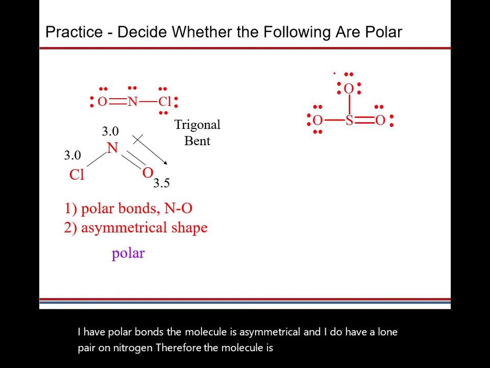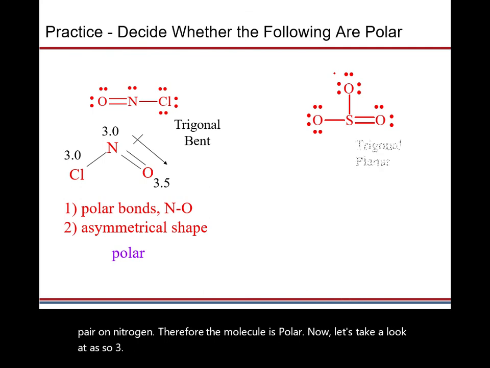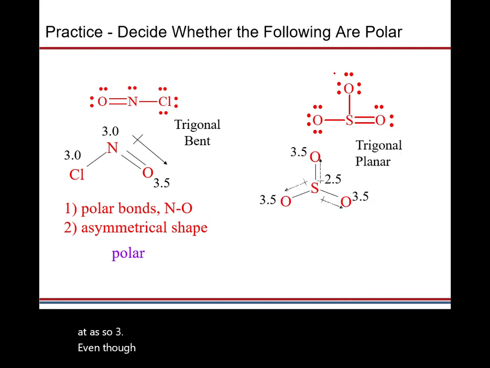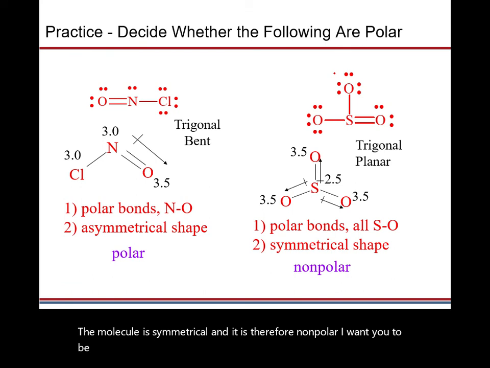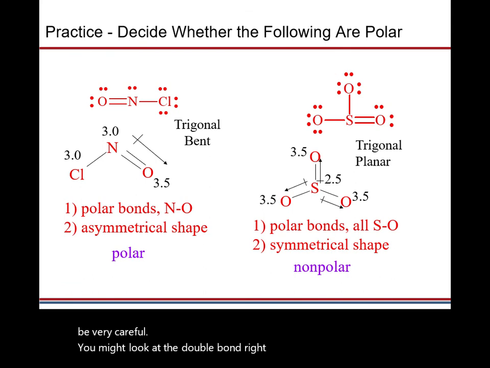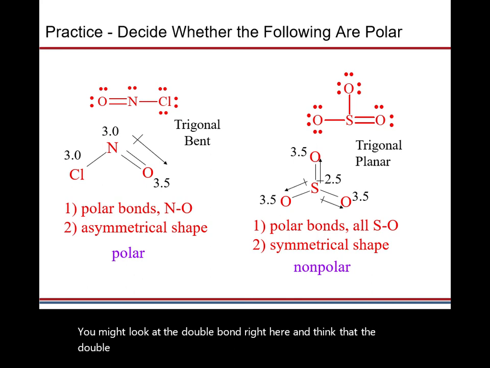Now let's take a look at SO3. Even though I have polar bonds, the molecule is symmetrical, and it is therefore nonpolar. I want you to be very careful. You might look at the double bond right here and think that the double bond belongs, let me change color of my pen, that the double bond here belongs to only one oxygen.